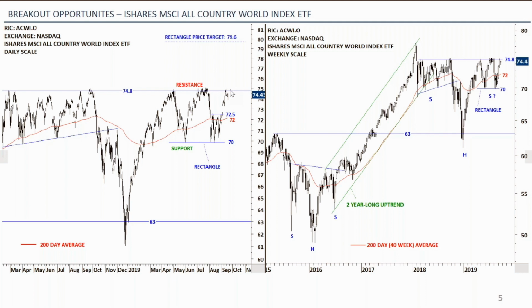If this thing completes on the upside, the short-term rectangle, it can also complete a possible head and shoulder continuation. Both chart patterns breaking out at the same time can give us a nice steady uptrend towards the price target. So this is another chart that we have on our watch list, and breakouts on all of those will be very positive for global equities, and all the charts are at the critical resistances.